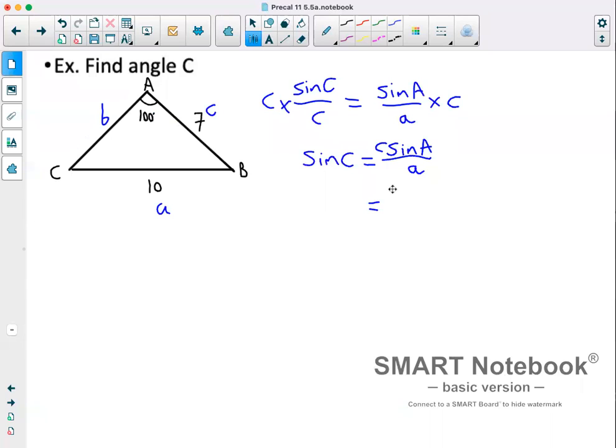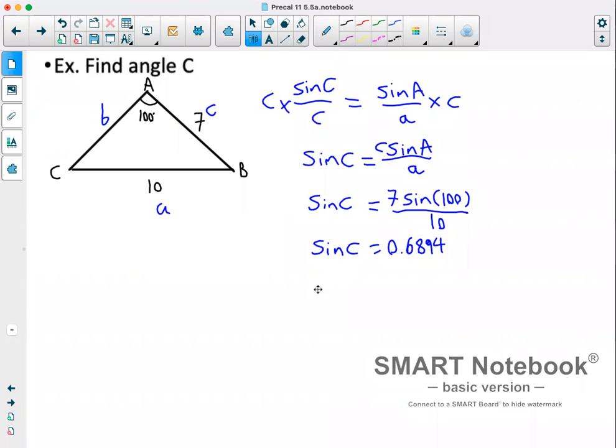We'll substitute our values in. So we have sine of C equals side length C, which is 7, sine of angle A, which is 100, divided by length A, which is 10. That just gives us sine of C is equal to 0.6894.